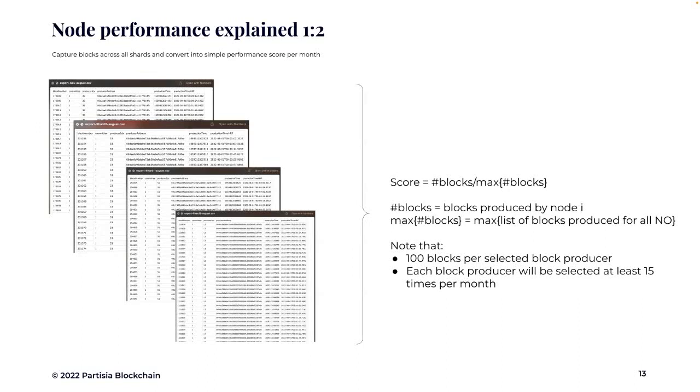So when you get back to this allocation of delegating the tokens to each of the nodes, you can look at these performance scores. They're now available for 7 months. And if you see some that keep producing low numbers relative to others, maybe that's not where you should delegate your tokens.